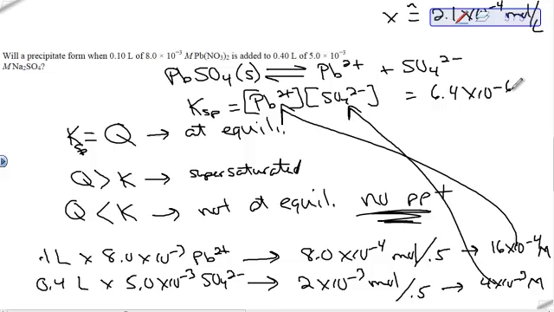Well, if we compare that value to the published K value, which is not here, would have to be given on a test, one of three things would occur, as I said. So if we find that this value, Q, is greater than K, it is over that point, so yes, a precipitate would form, and if it was less, no precipitate would form. So that's kind of the rundown.